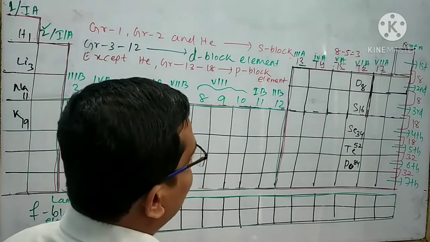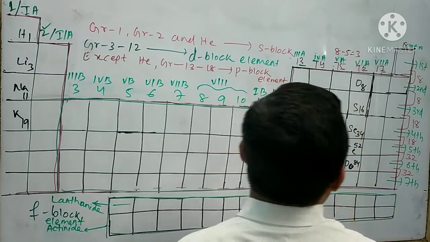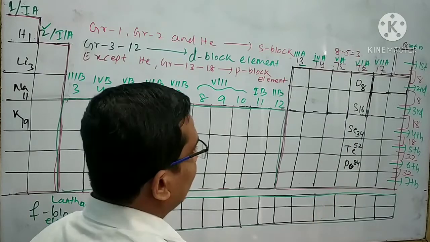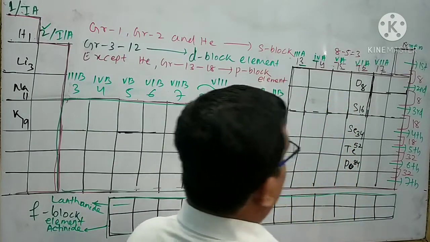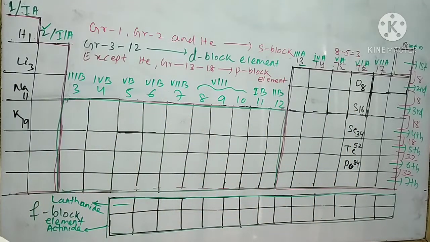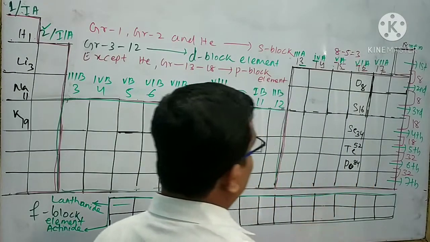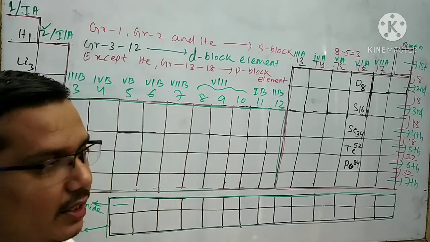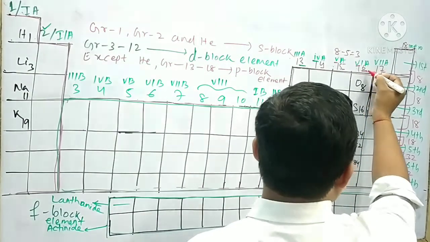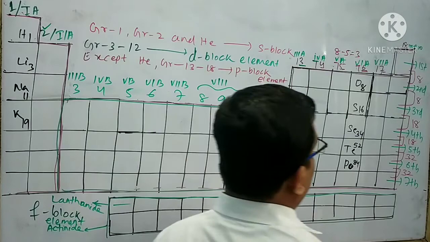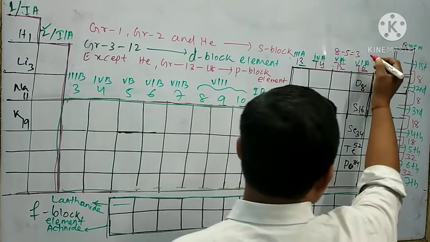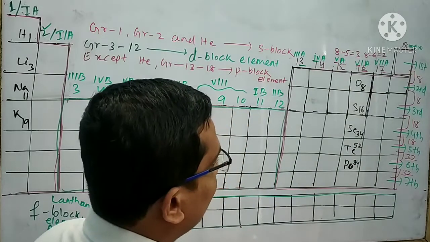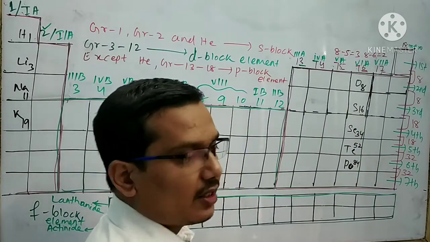So the valency of element present in group 15 is 3. The element present in group 15 also shows valency 5. Similarly, think about the element present in group 16. It has valency 6. It has general valency, that is your 8 minus 6, that is your 2. The general valency of the element present in group 16 is 2.